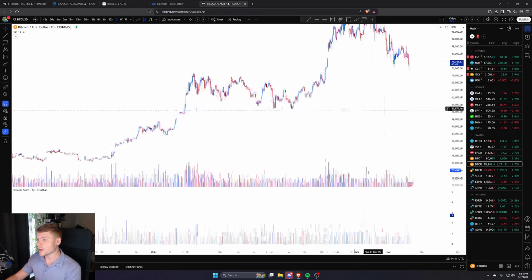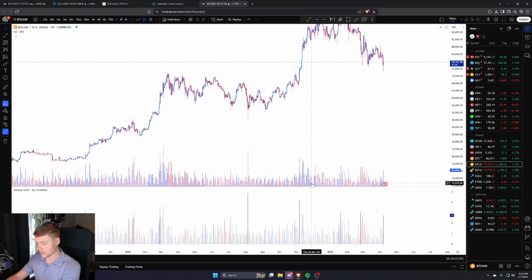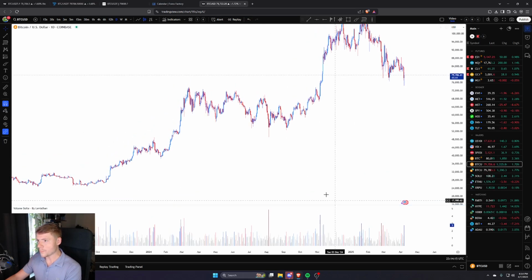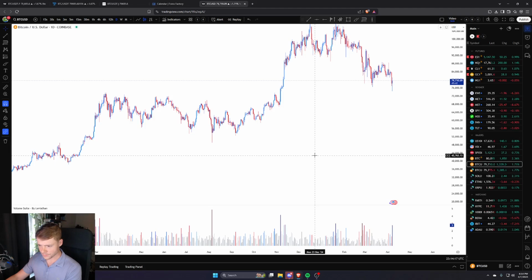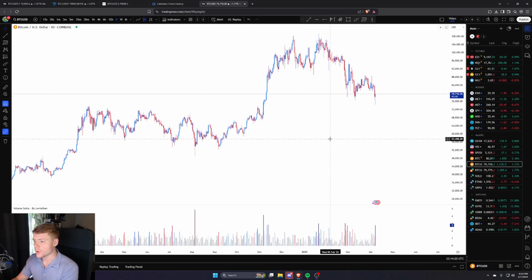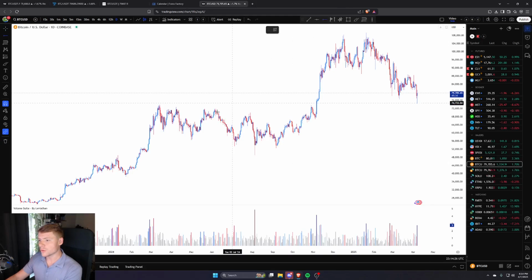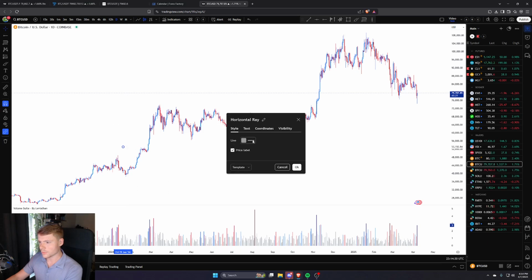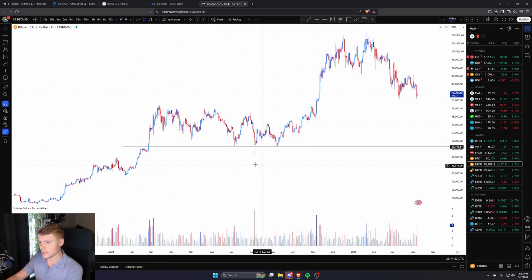So on the higher time frames, how am I really using this? Let's delete the volume from here. Mostly I'm looking at where did we get a high volume candle, and is it in an area that I'm looking to trade? One that really reminds me is this one down here.